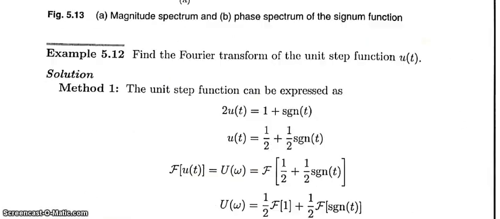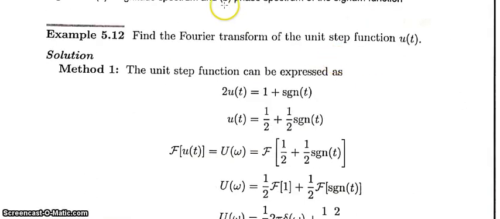Okay, next the question is to find the Fourier transform of the unit step function u of t, and we can do it mainly using two methods. We'll see the explanation for the first method. This unit step function can be expressed in terms of the signum function. So 2 into u of t is equal to 1 plus signum of t.